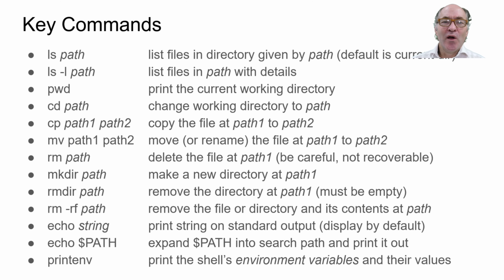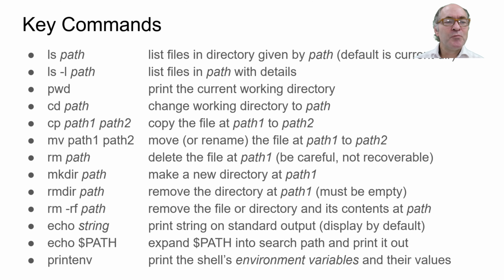Now the command echo seems sort of silly at first, because all it does is take a string as an argument and print out that string on your console, in your terminal window. But Bash and other shell programs have all kinds of interesting ways of interpreting special strings to mean certain things.